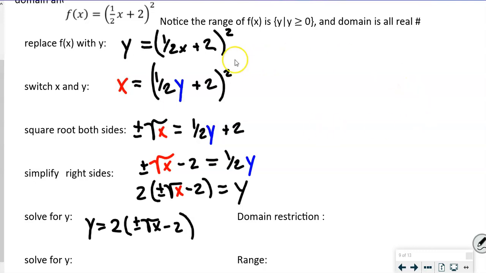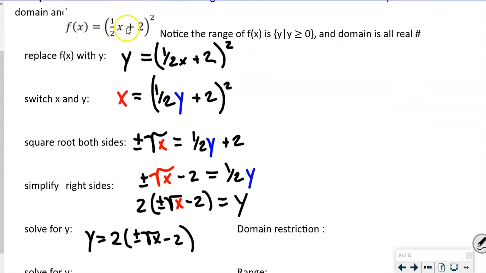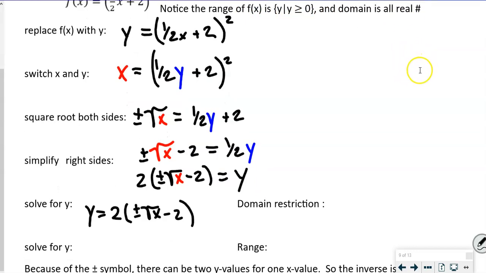Now, in our original function, were there any domain restrictions? No. But what about the range? If I square anything, what kind of number am I always going to get? Yes, a positive number. So if you notice here, the range of f of x is y such that y is greater than or equal to 0, and the domain is all real numbers. So what's going to happen here is these are going to flip, okay?